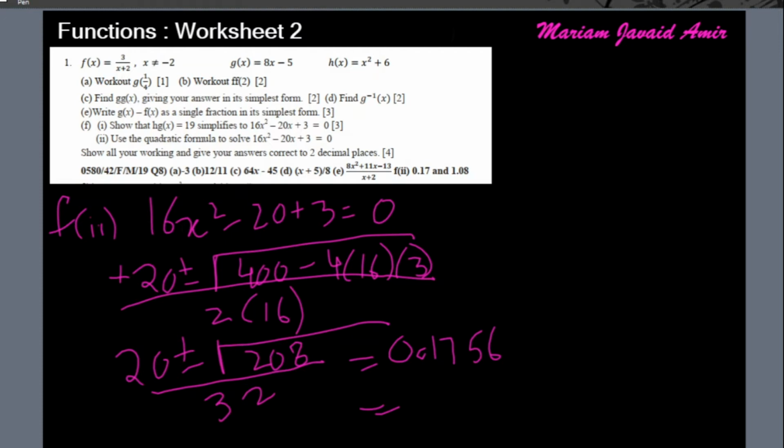And the one with the negative sign, 20 minus the square root of 208 divided by 32, gives us, I think I used negative again, 0.1756. So the first will round off to 1.08, and the other one with the negative sign is 0.17 rounded off.